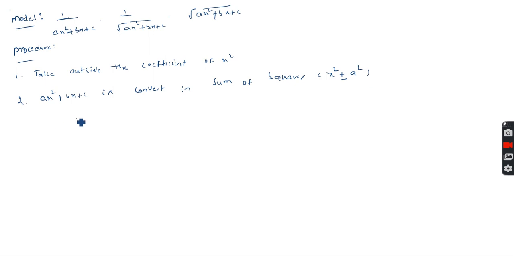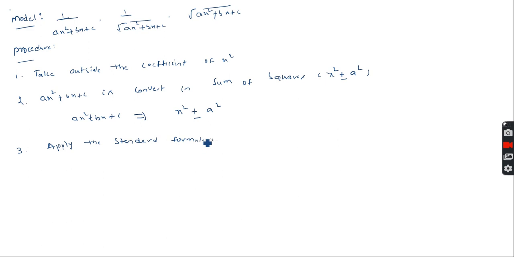That is, we convert ax square plus bx plus c into x square plus or minus a square. And third, apply the standard formula. We know the 9 standard formulas and the remaining standard formulas.